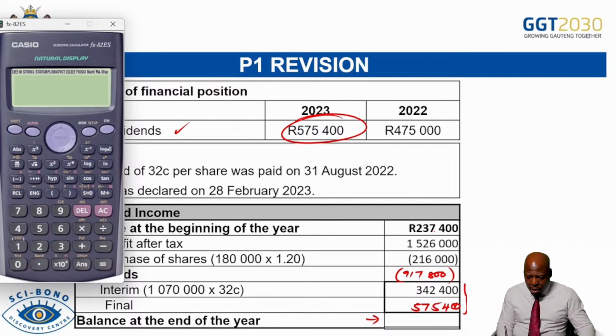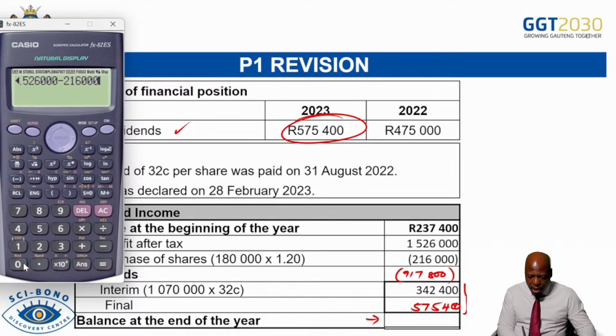So I'm going to take the 2 million, the balance at the beginning is the 237,400. Then I'm going to add my 1,526,000. Okay, that is my net profit after tax. I add my 1,526,000, and then I subtract the repurchase of shares, which is my 216,000.